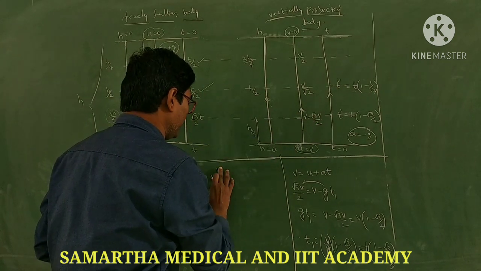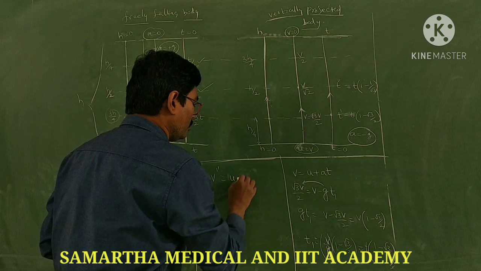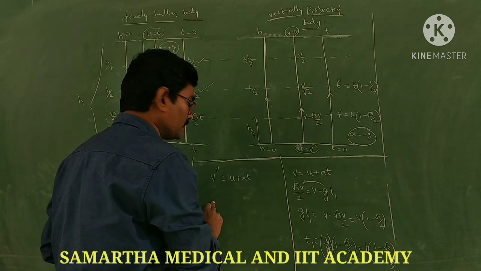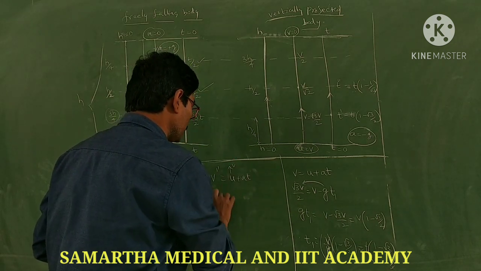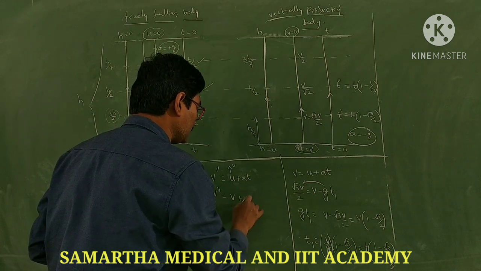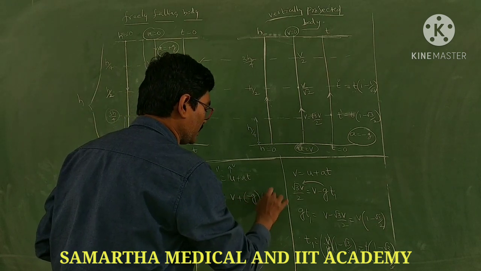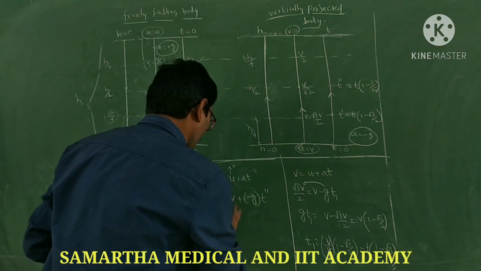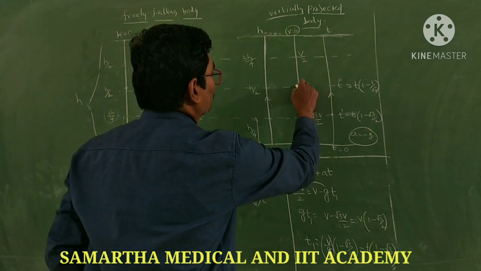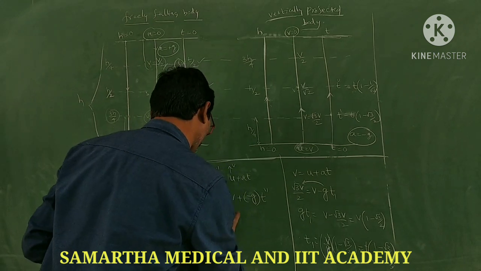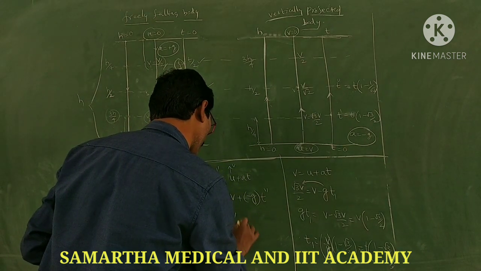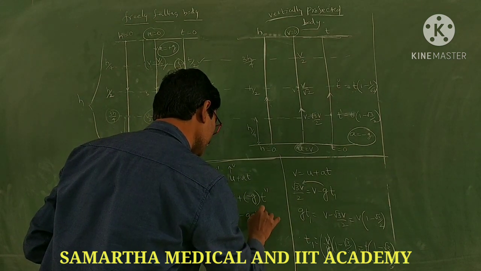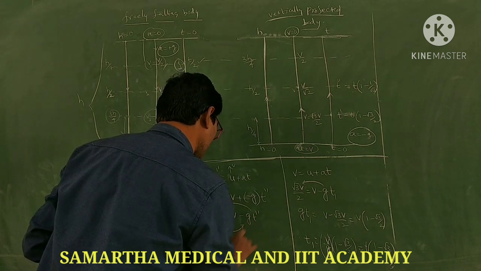V double dash equal to U plus AT. U is V. So V double dash equal to V plus A, which is minus G T double dash. I need to calculate T double dash. V double dash, how much you got? V by root 2. So V by root 2 equals V minus G T double dash. You bring here, you send here.